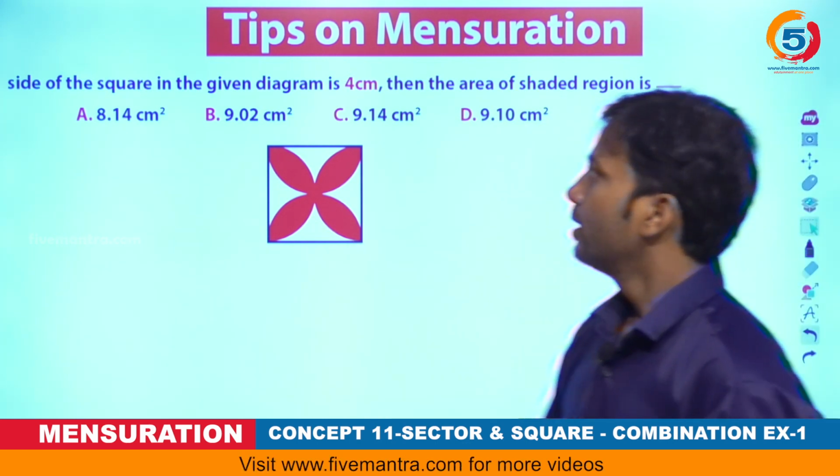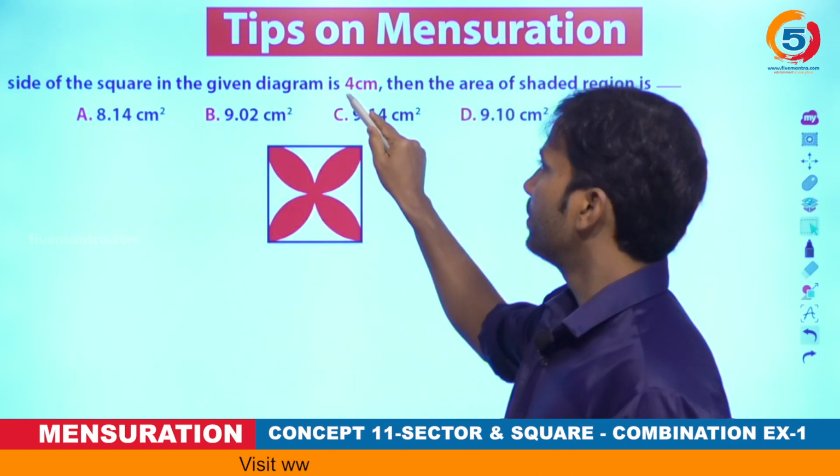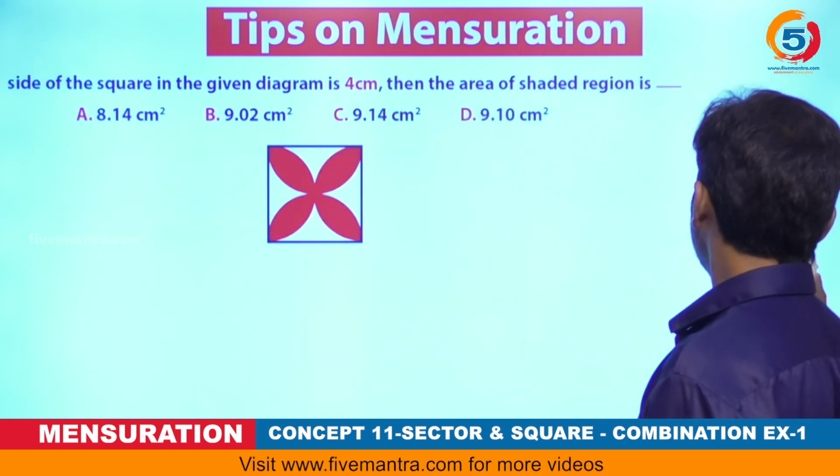Now let us see. The side of the square in the given diagram is 4 centimeters.